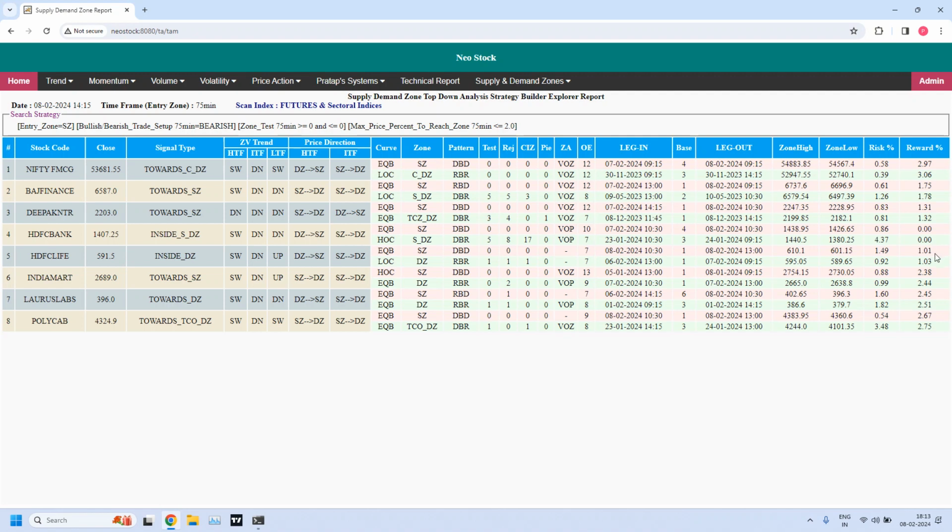See here, even though the initial reward is 1%, because the risk is very high, if you take an entry deep inside this zone, probably your risk might be reduced to 0.5% or 0.6. At that time, this remaining 1% reward will be added here. That way, you may get a 2% reward. See, these are the techniques. By fine tuning the zone, we can get best reward.